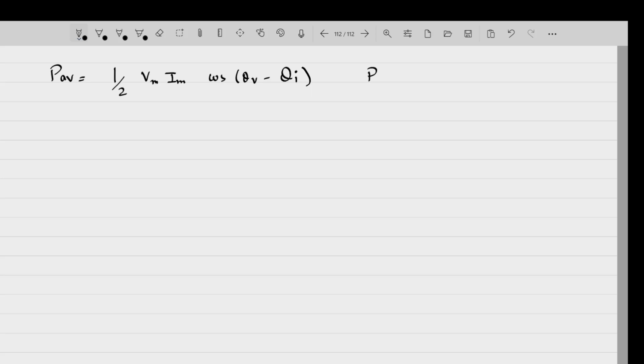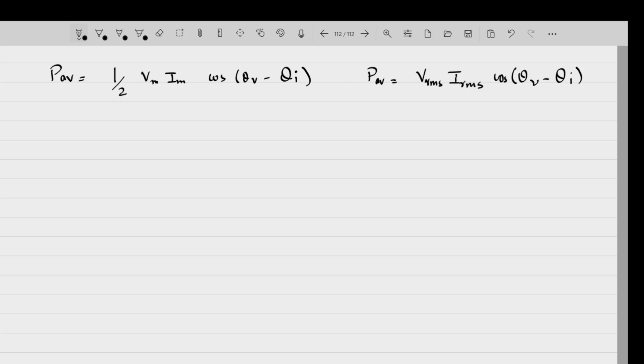We have established the equation for average power in terms of RMS values simply as V RMS into I RMS cos(theta V minus theta I).